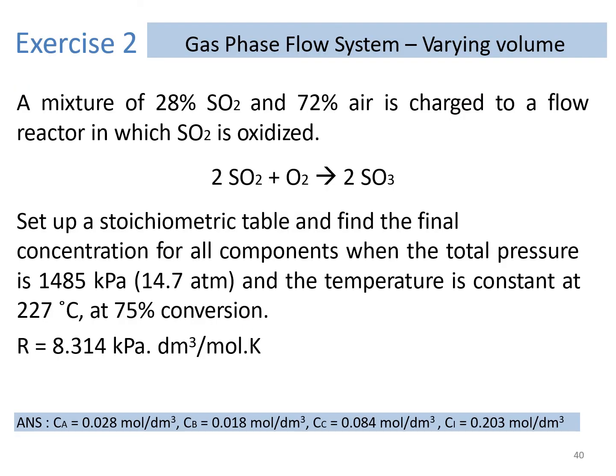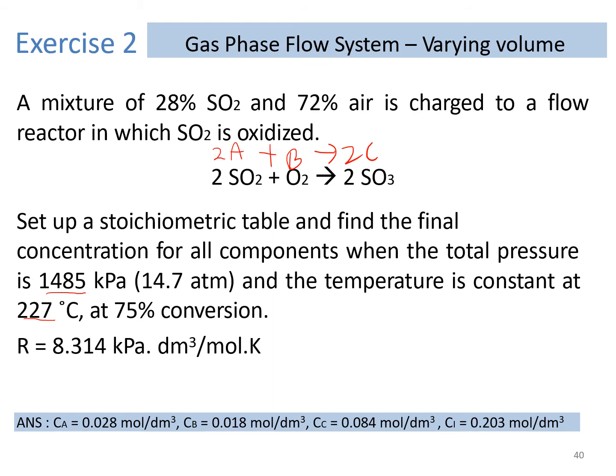Okay, so a mixture of 28% SO2 and 72% air is charged to a flow reactor in which SO2 is oxidized. Okay, so this is the equation. We have 2A plus B equals 2C. Set up a stoichiometric table and find the final concentration for all components when the total pressure is 1485 kPa, and the temperature is constant at 227 degrees Celsius at 75% conversion.